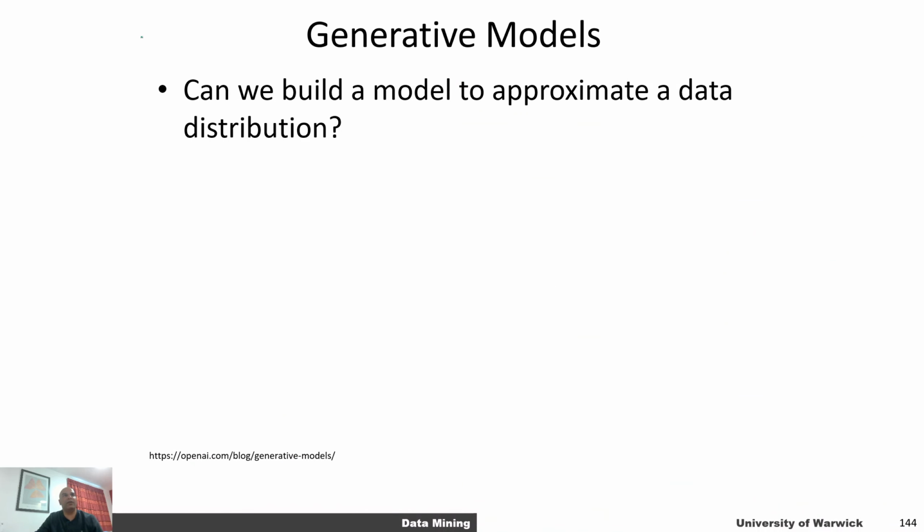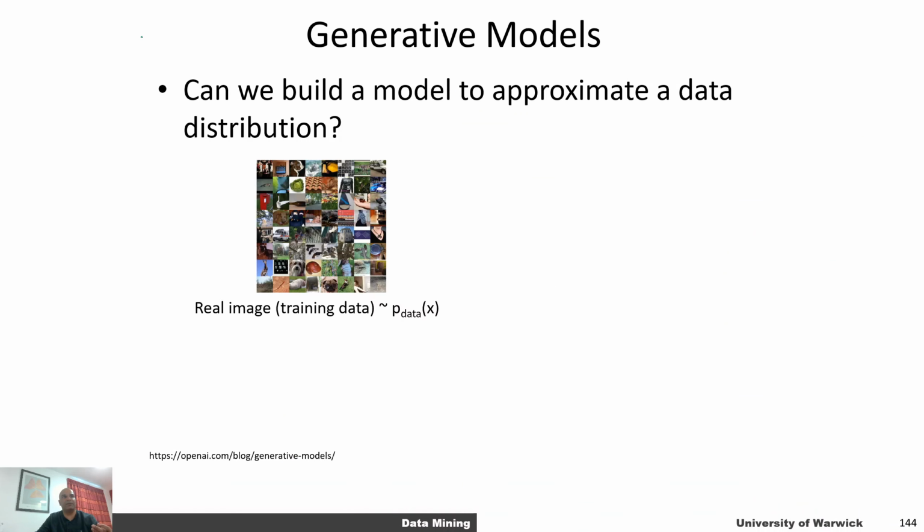Now, we've taken a look at various types of machine learning models, but in terms of generative modeling, what we want to do is build a machine learning model to approximate a data distribution. Let's say we have these real world samples, which are coming from this data distribution, p data of x, and these are images, as you can see.